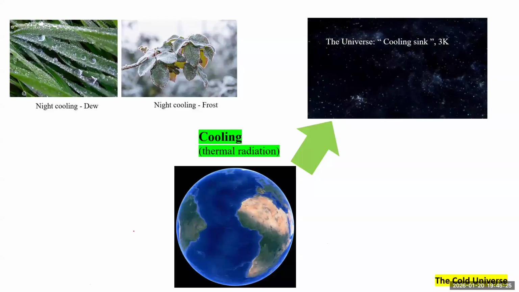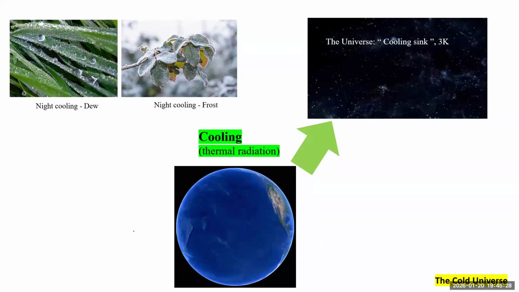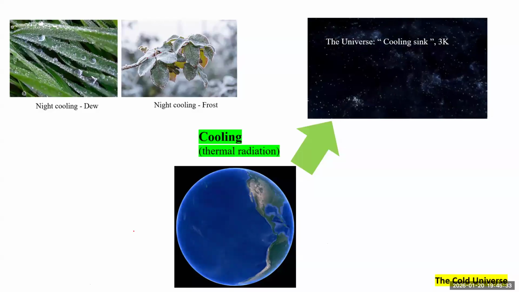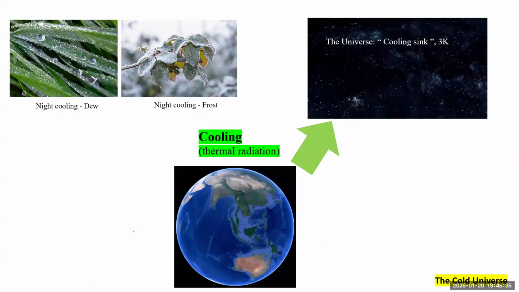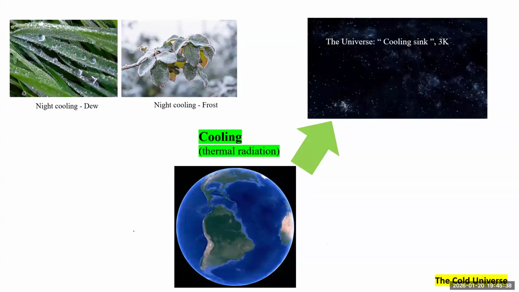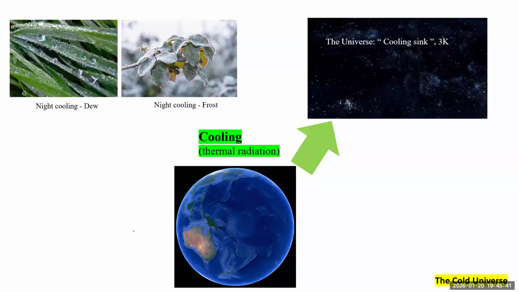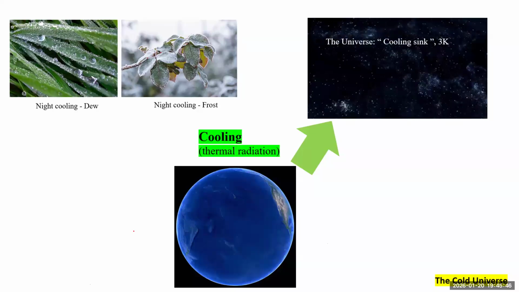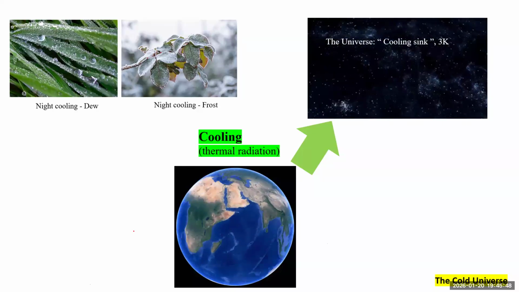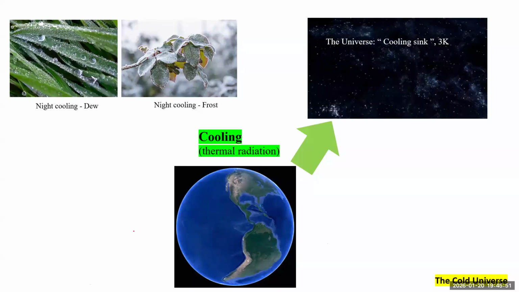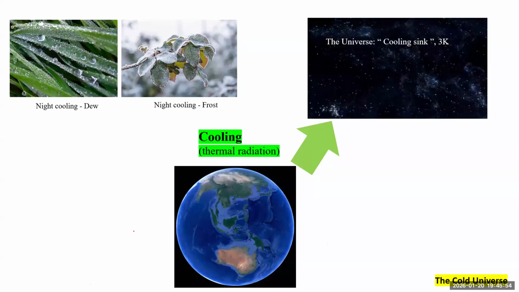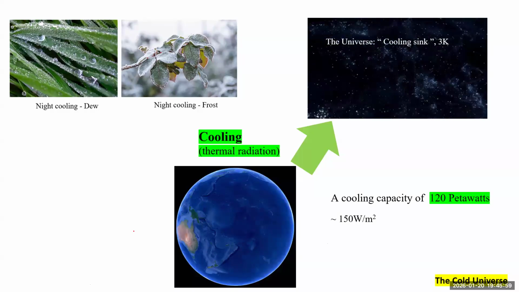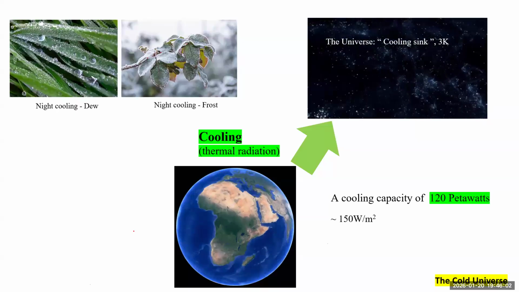In fact, the Earth can radiate heat just like the plant into the cold universe. How cold is it? The lowest temperature of our universe is minus 270 degrees Celsius, only 3 Kelvin. So maybe you are curious about what the cooling capacity through thermal radiation is. The cooling capacity is 220 megawatts.